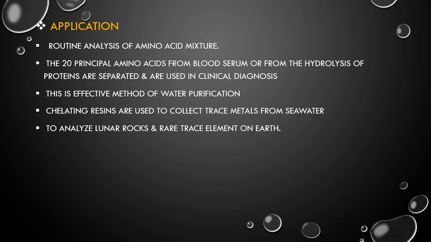Chelating resins are used to collect trace metals from seawater and to analyze lunar rocks and rare trace elements on the earth. These are all applications of ion exchange chromatography.